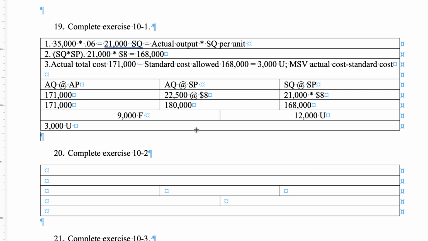Right off the bat, I can talk to the production manager and say, hey, you messed up. The purchasing manager had nothing to do with it. They had a favorable price variance of $9,000.